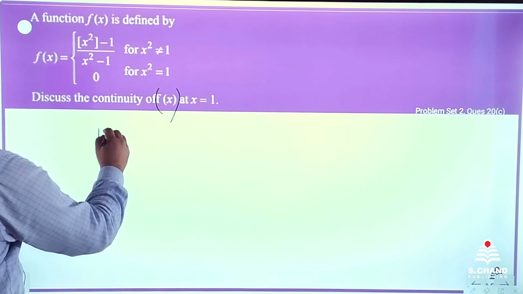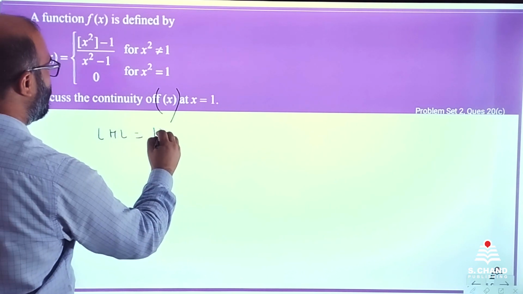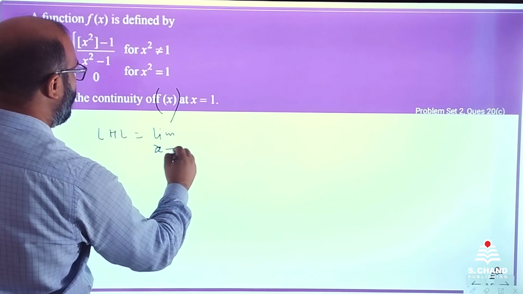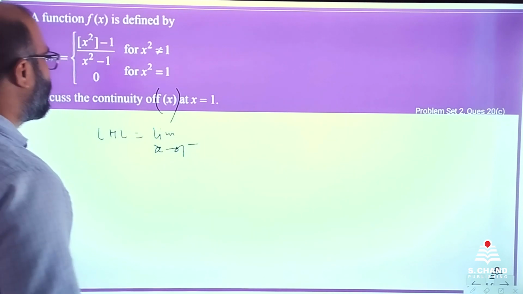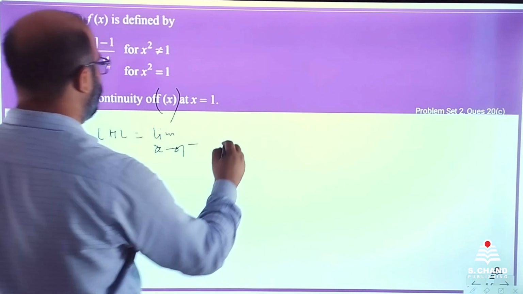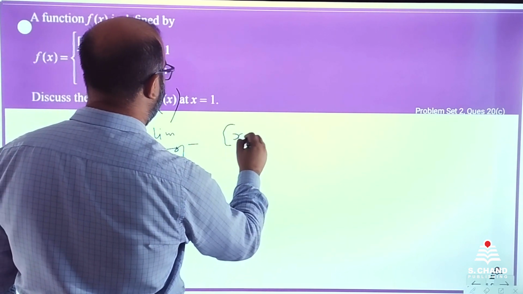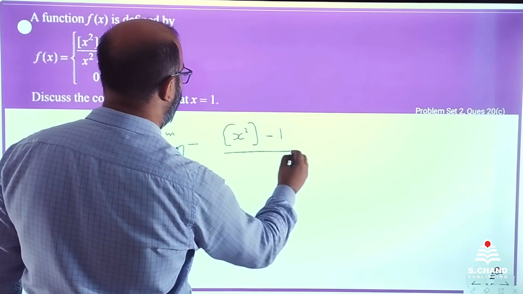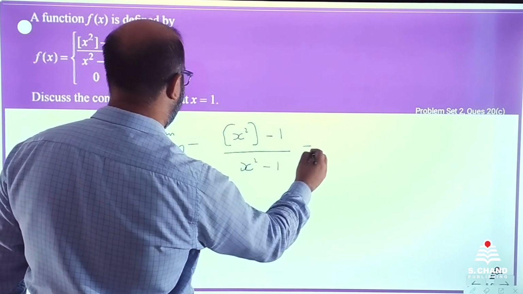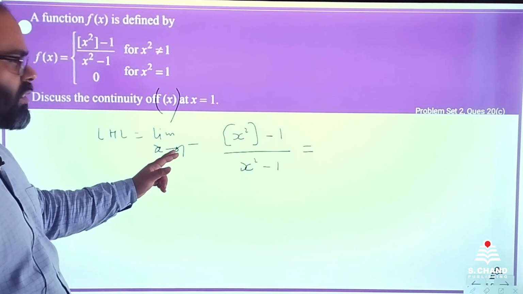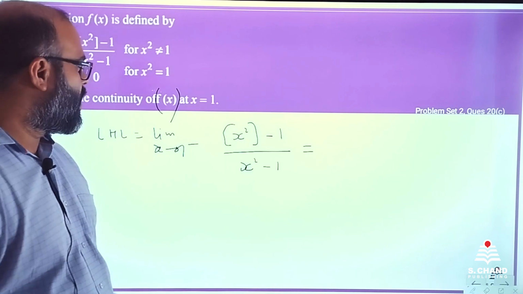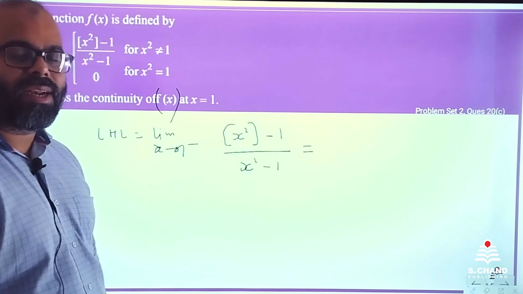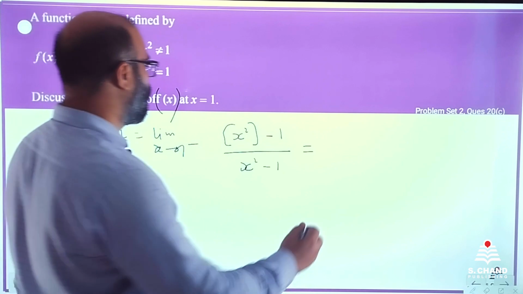So left hand limit, let us calculate. Limit x tending towards 1 minus. We have the function as greatest integer of x square minus 1, by x square minus 1. Now 1 minus is slightly less than 1, and its square will be slightly less than 1. So the greatest integer will be 0.